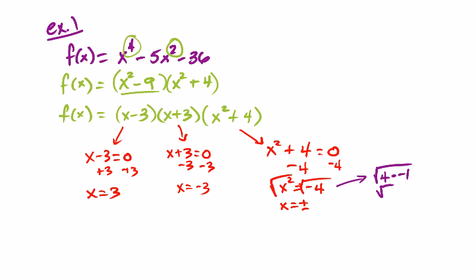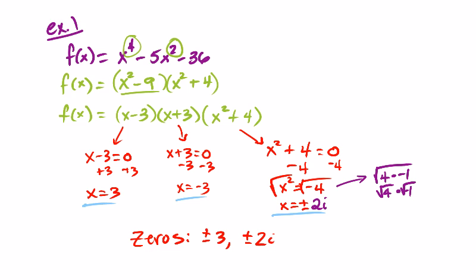The square root of 4 is 2, and the square root of negative 1 is i. And so x equals plus or minus 2i. If you count it up, we should have 4 answers: x equals 3, x equals negative 3, x equals positive 2i, and x equals negative 2i. So we're good. The zeros of this function are plus or minus 3 and plus or minus 2i.